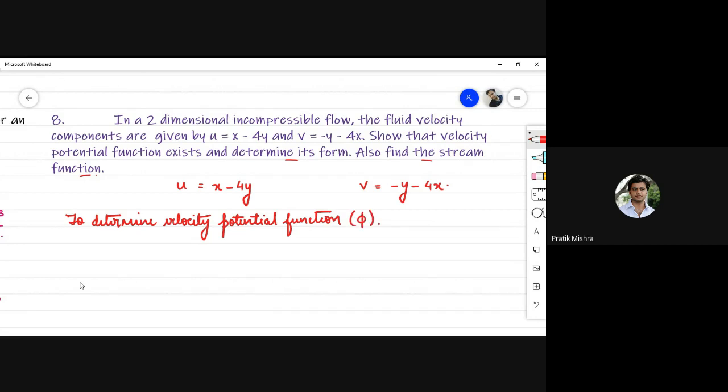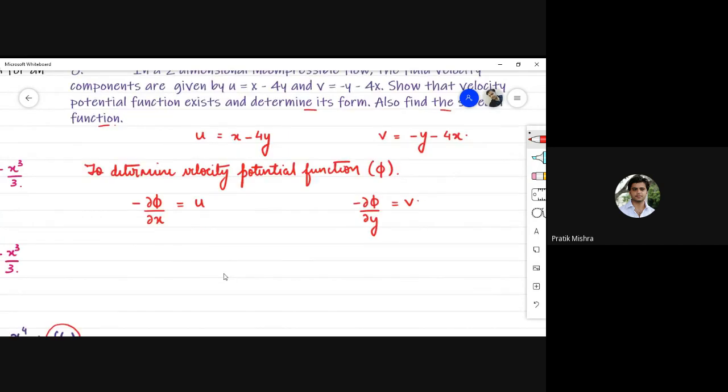So we know that minus del phi by del x is equals to u and minus del phi by del y is equals to v. ठीक, रख दीजिए वैल्यूज u और v की. u is x minus 4y, so minus del phi by del x is x minus 4y and minus del phi by del y is equals to minus y minus 4x.